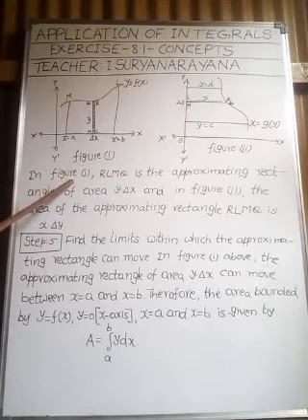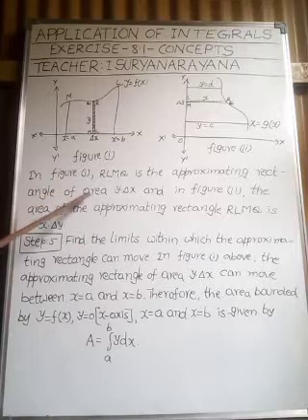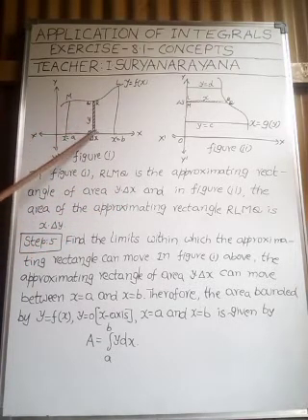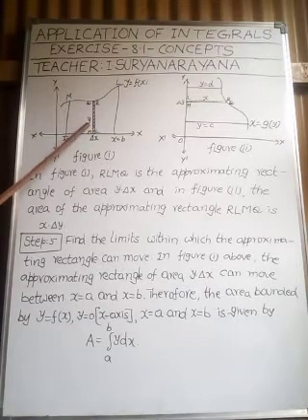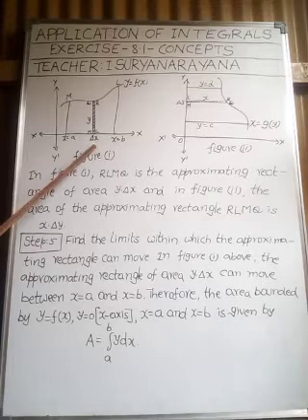In figure 1, RLMQ is the approximating rectangle of area y into delta x, with length of this vertical rectangle y and width delta x or sometimes dx. We can take it as dx or delta x.